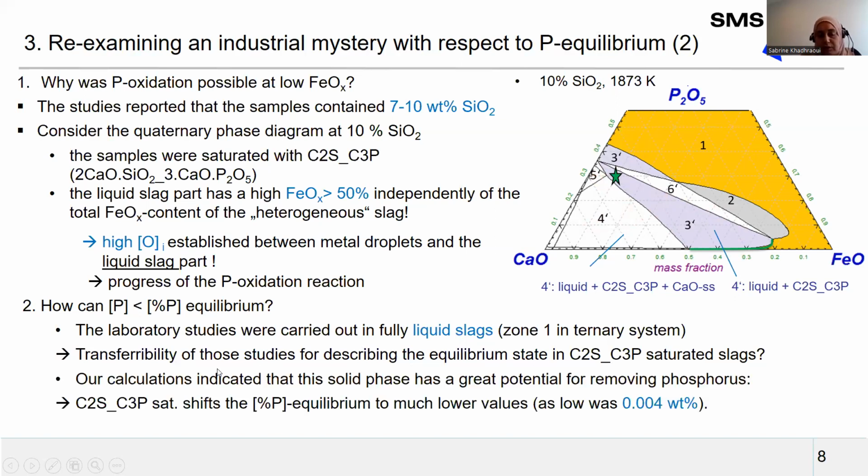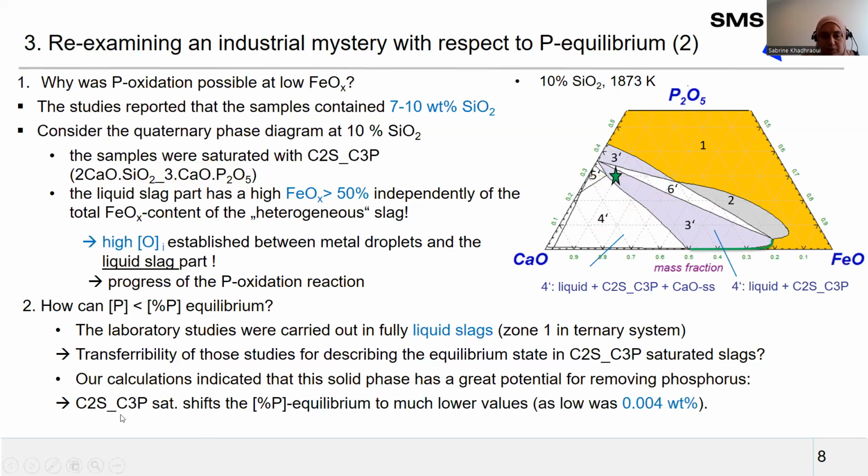And our calculations using the thermodynamic database indicated that the solid phase has a great potential for removing phosphorus. So not only can the liquid slag remove phosphorus, but phosphorus can also dissolve in this solid solution. This is already indicated by this part here, the tricalcium phosphate that is dissolved here.